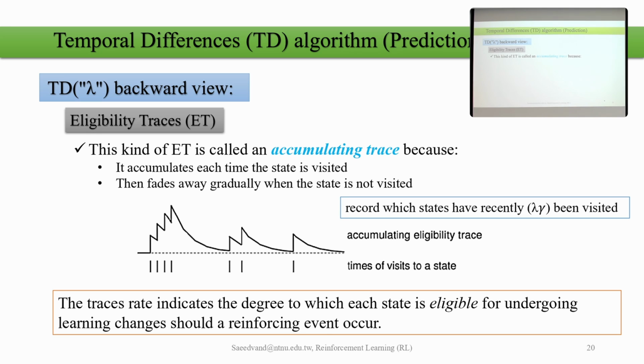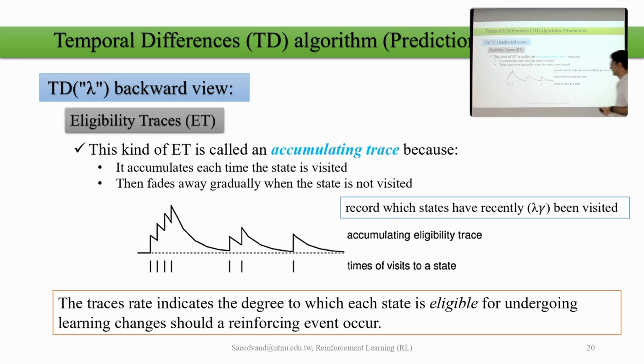So this kind of eligibility trace is called an accumulating trace, because it accumulates each time the state is visited and then fades away gradually when the state is not visited, because the eligibility trace takes it into consideration. All this calculation will tell us how much it should be.